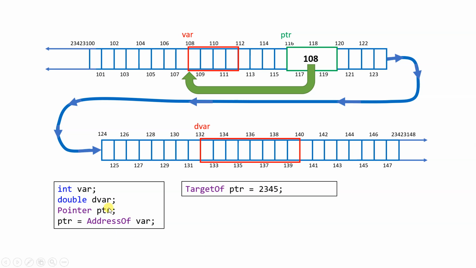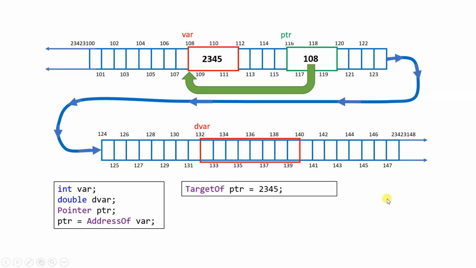Because if I set the pointer itself to a value, it's a variable, it's going to gain a value. If I want to put the value where the pointer is pointing to, I have to say, put the value in target of PTR. Therefore, 2345 will not go to PTR, it will go where PTR is pointing, which is var. Therefore, 2345 is there. We're good?